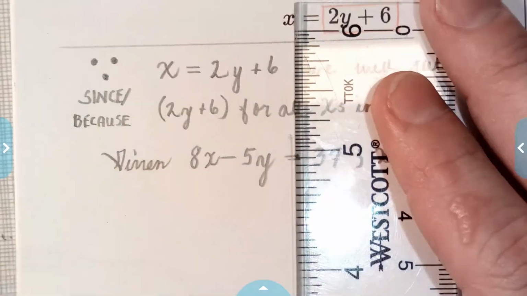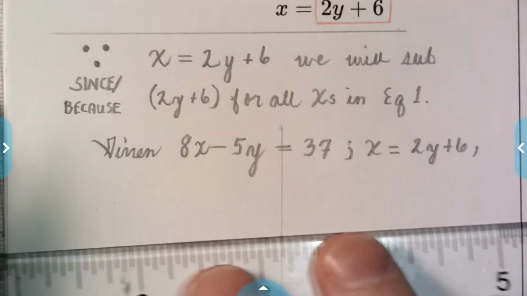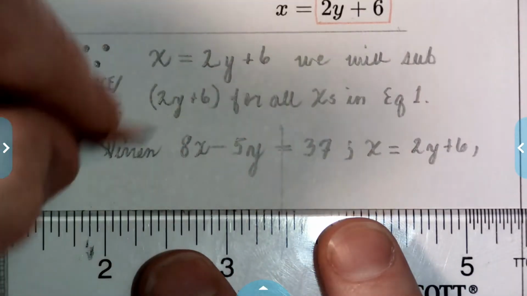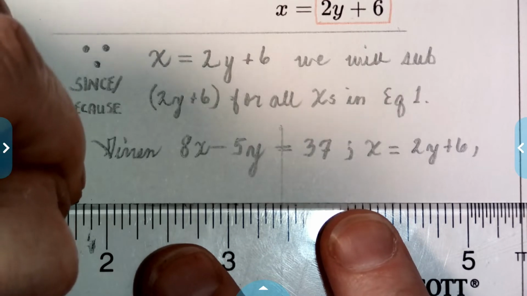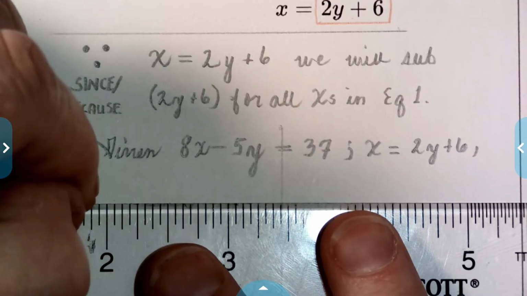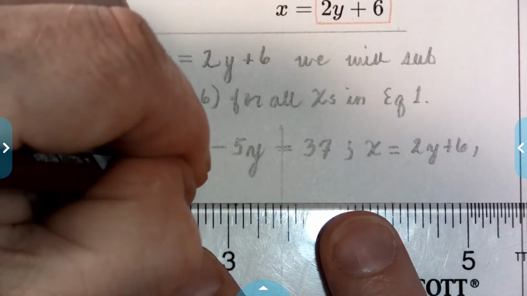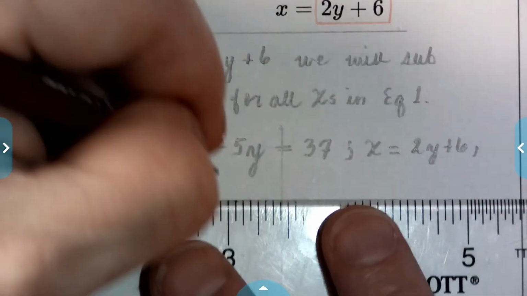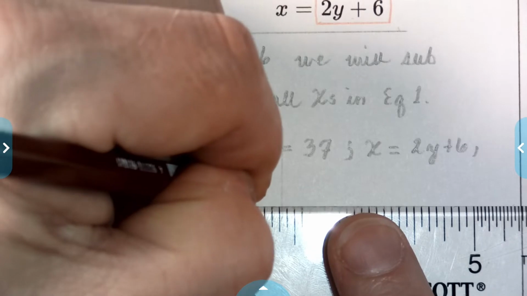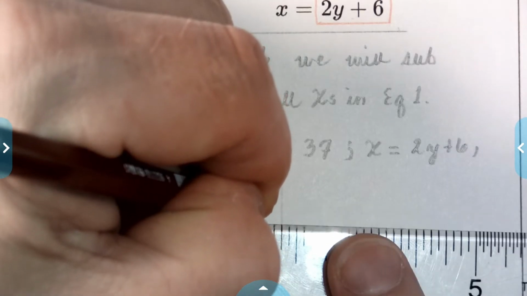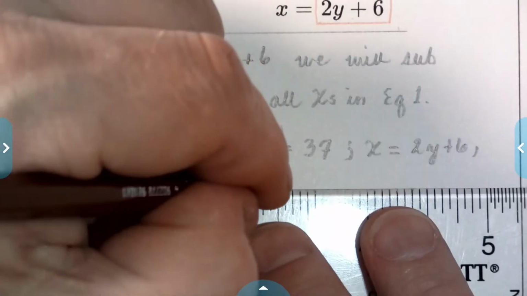So in order to keep this equation lined up like that, I'm going to move the 8 over here and then put this huge open parentheses basically, and then minus 5y equals 37.